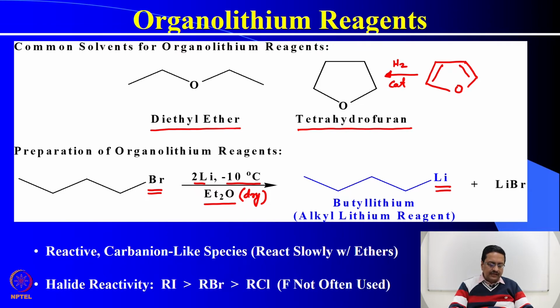The reactivity of halide is as usual that iodides are more reactive than bromides and bromides are more reactive than chlorides, and the alkyl fluorides are not generally used because the carbon-fluorine bond is very strong and it cannot be broken so easily at minus 10 degrees centigrade.